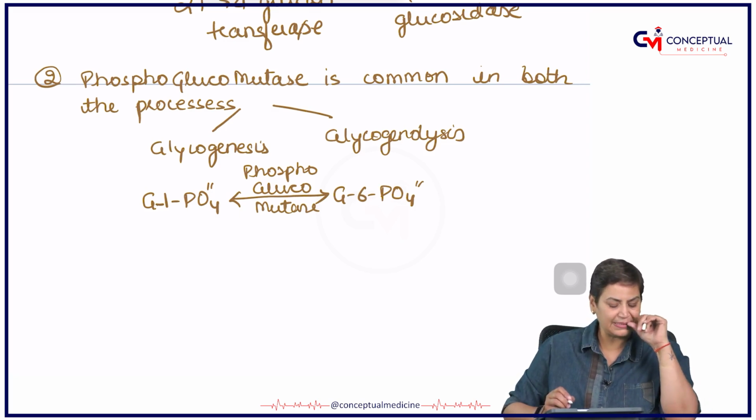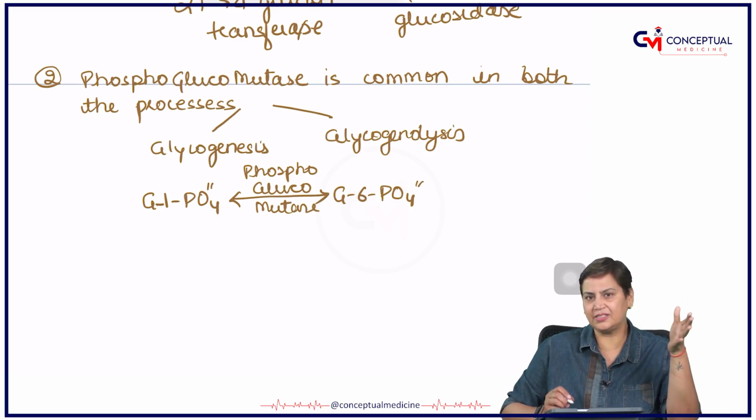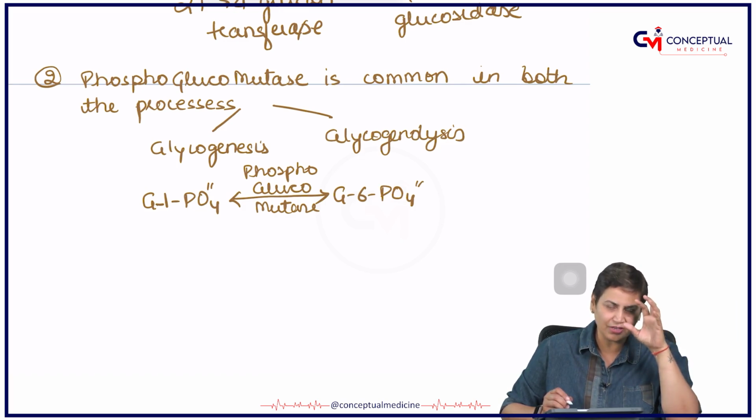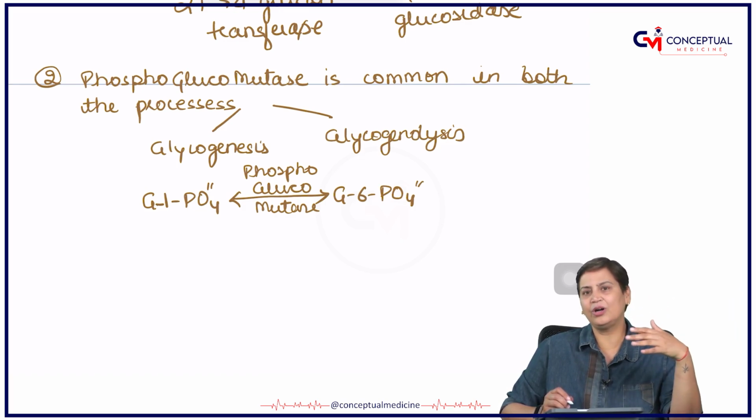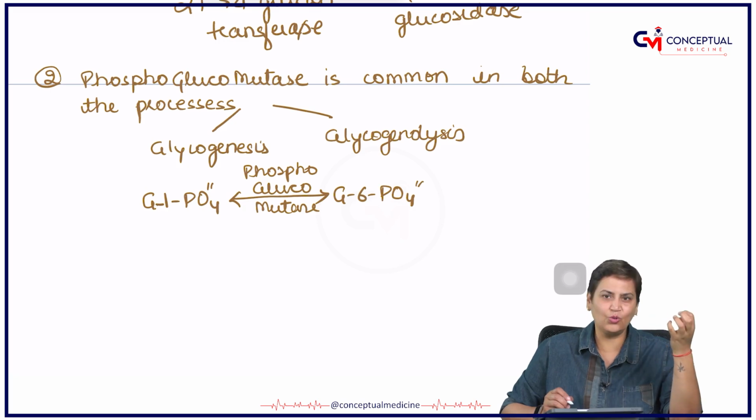I can simply say that if glycogenesis is occurring, glycogenolysis cannot occur. Obviously, because when the body is in a well-fed state, we are going to synthesize something and literally store it, so glucose will be stored to form glycogen.